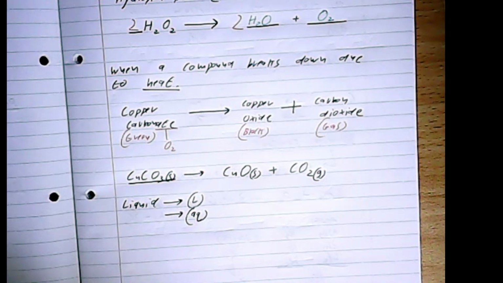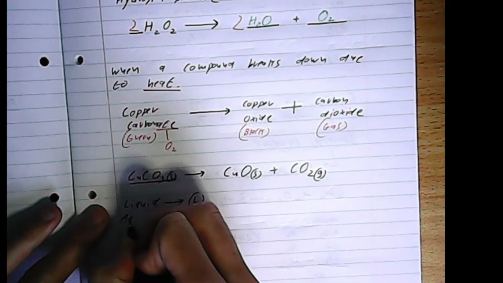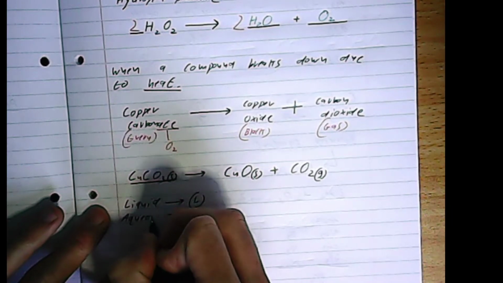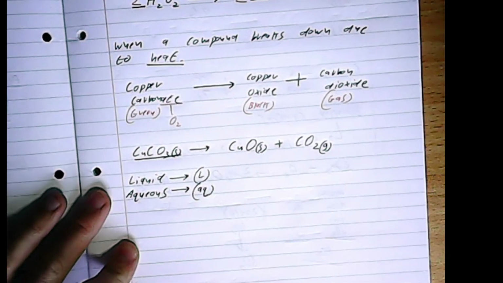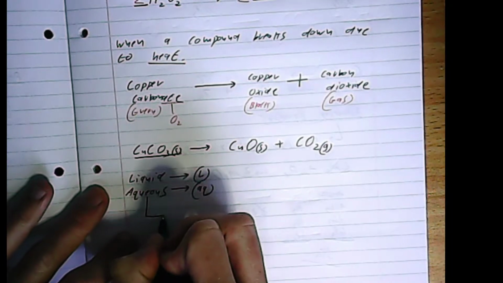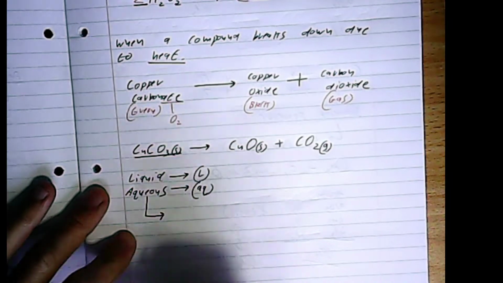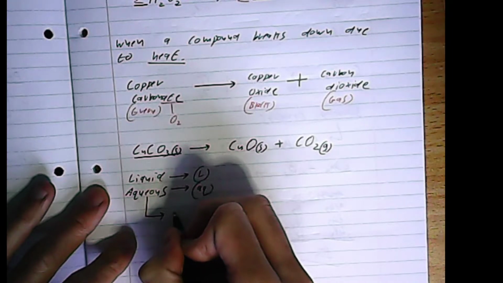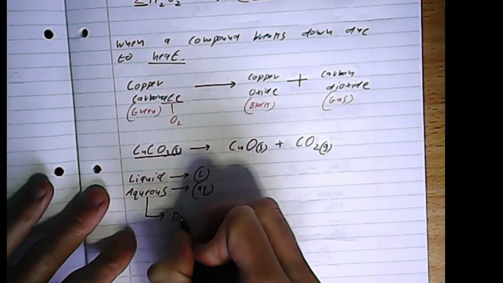Alright, so you've got solid, liquid and gas, SLG, and you've got AQ, and that means aqueous. What aqueous means, which is not something that's going to come up much in this unit, but it will later on down the line, is that it is dissolved in water.